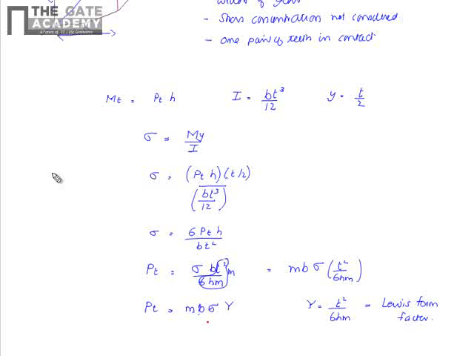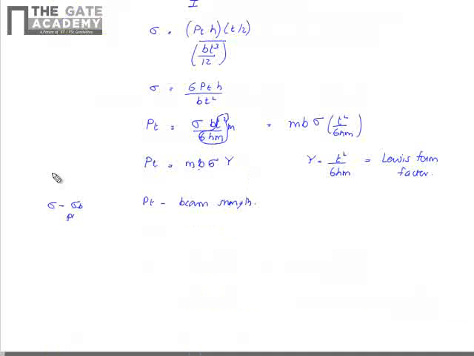When the tangential force is increased, the stress also increases, and when the stress reaches the permissible magnitude of bending stress, then the corresponding value of Pt is called the beam strength. When sigma becomes the permissible value, Pt is called the beam strength, denoted by letter SB.